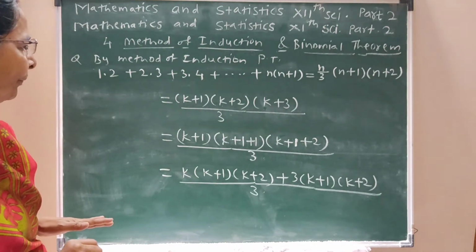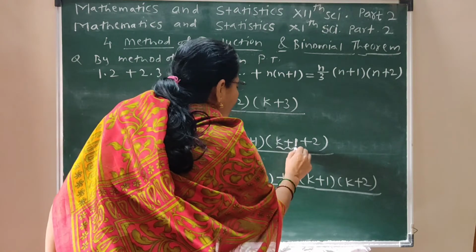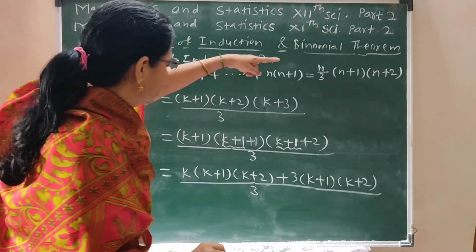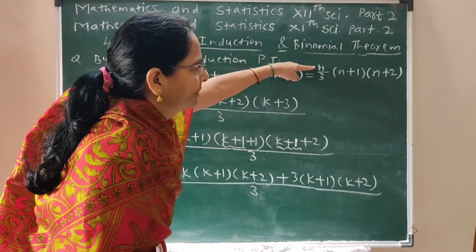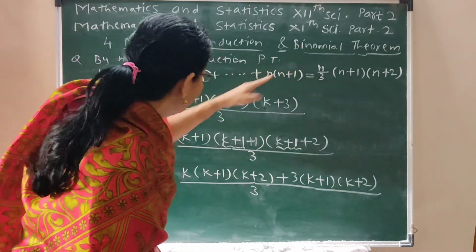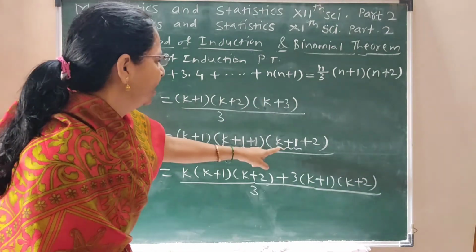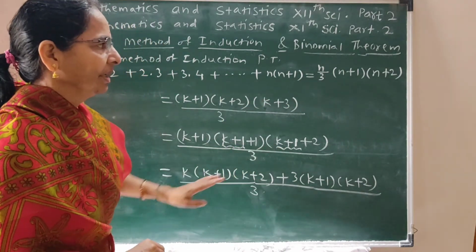And now look at this step. Where there is n, there is k plus 1: n, k plus 1, n, k plus 1, divided by 3.